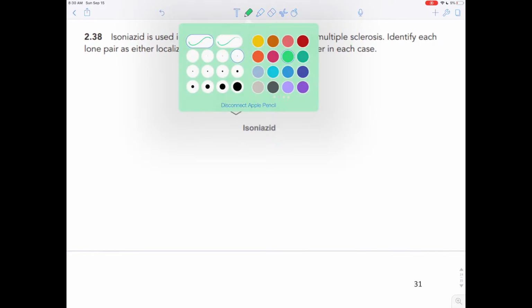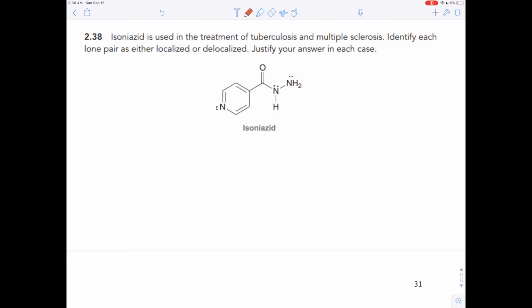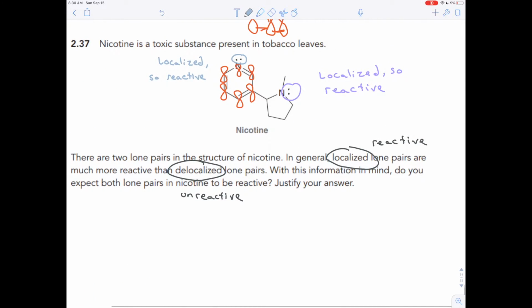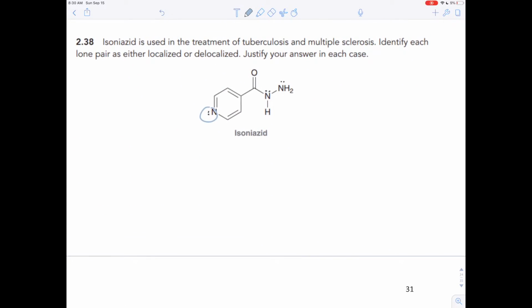Well, the first thing you'll notice is that the lone pair on this nitrogen at the left is very similar to the one we just saw for nicotine. That lone pair is localized, as we discussed in the previous video, because the pi bond on that nitrogen is already using the py orbital that you would need in order to have that resonance.